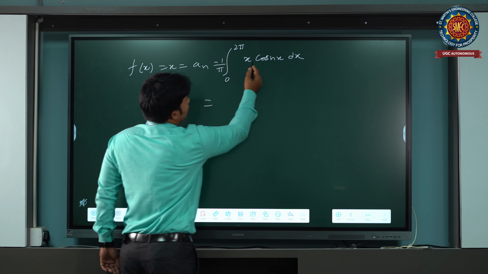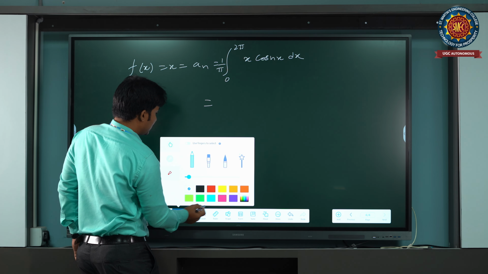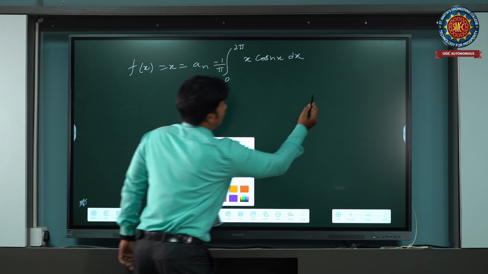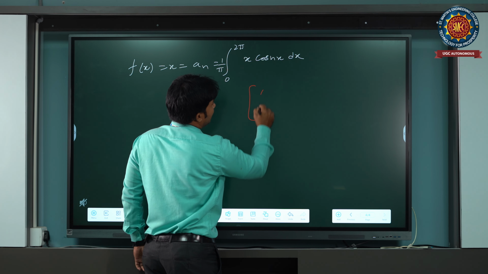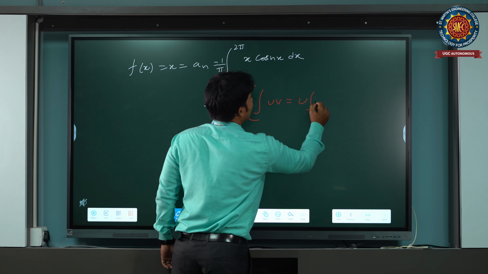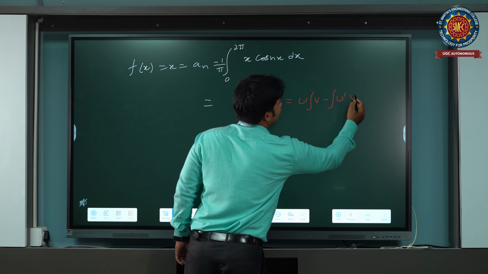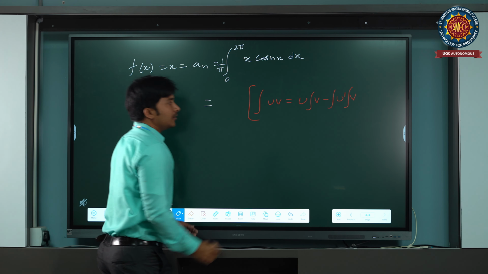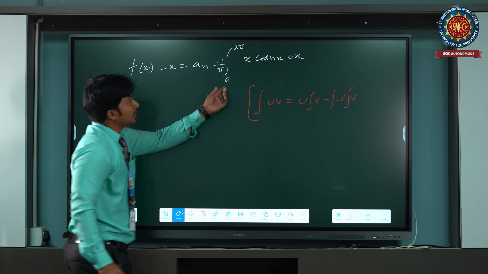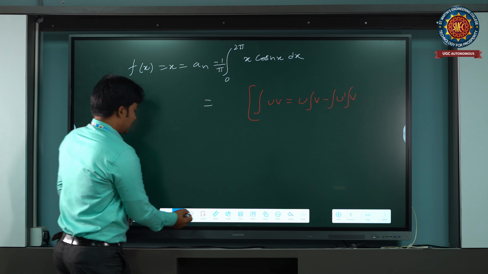We are using the udv formula, integral uv equal to u integral v minus integral u dash times integral v. We apply this formula in the integral 1 by pi integral 0 to 2 pi x cos nx dx.